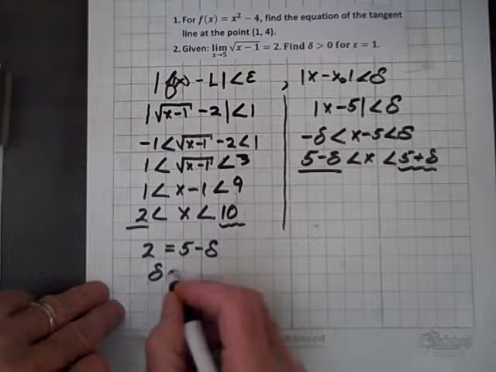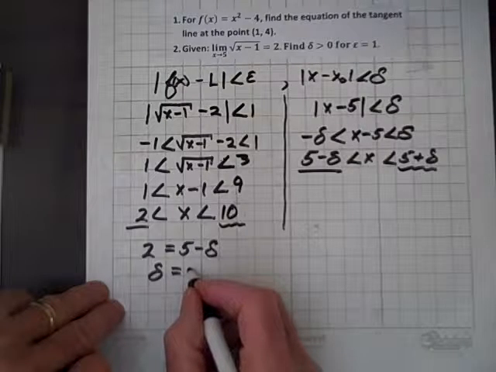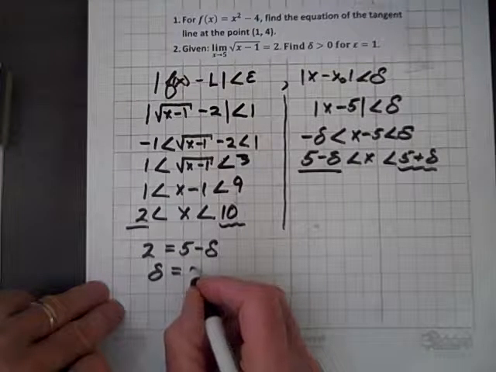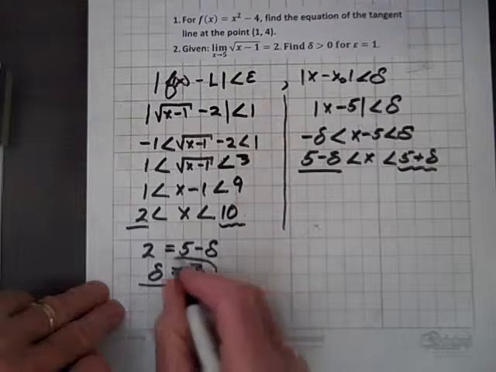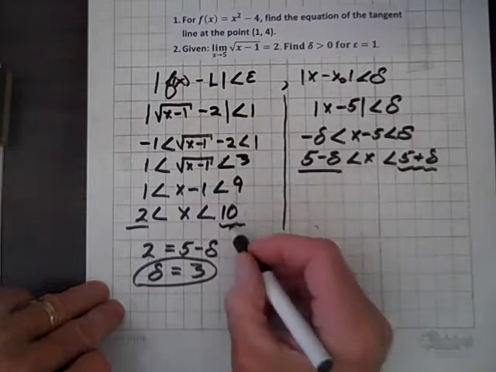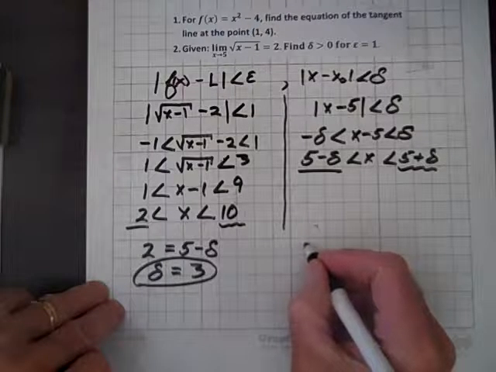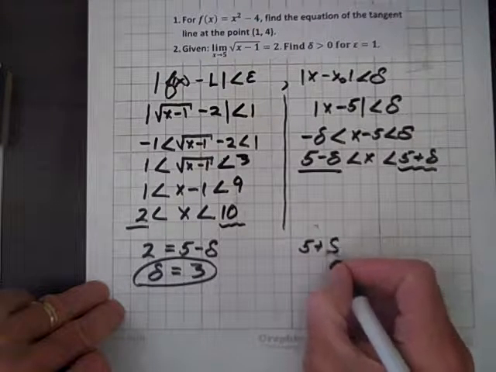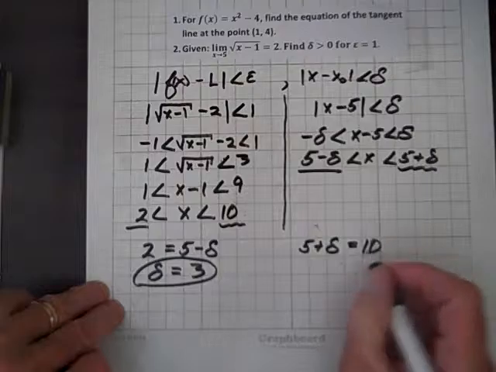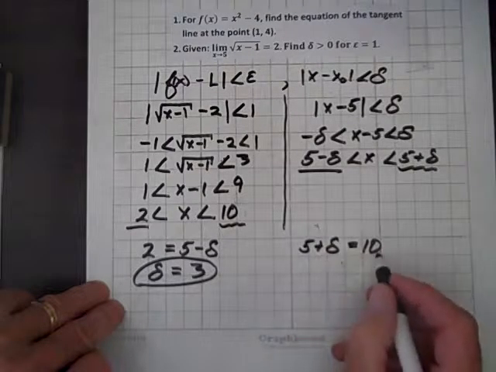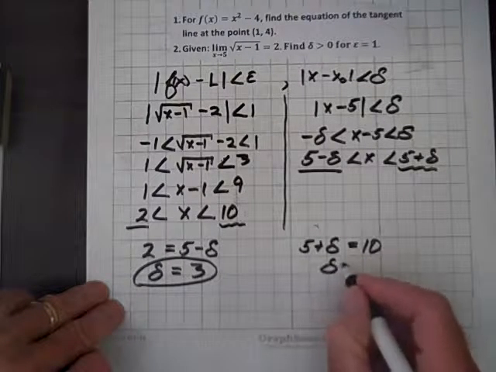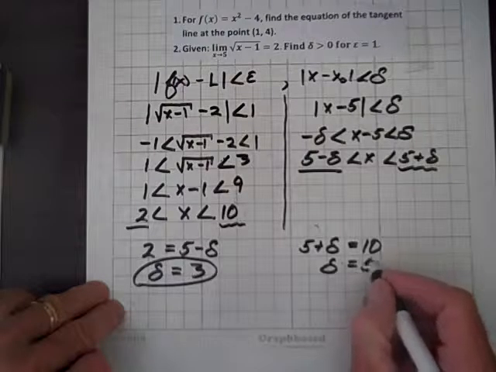In so doing, delta equals, and 5 minus 2 is 3. And now let's equate 10 and 5 plus delta. So we have 5 plus delta equals 10. Subtracting 5 from both sides, we have delta equals 5.